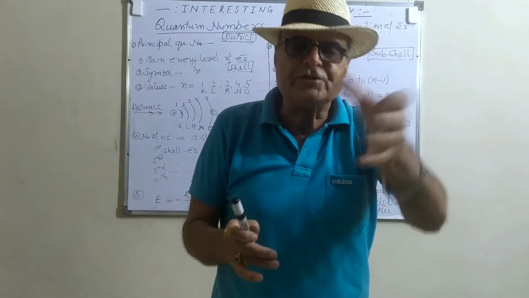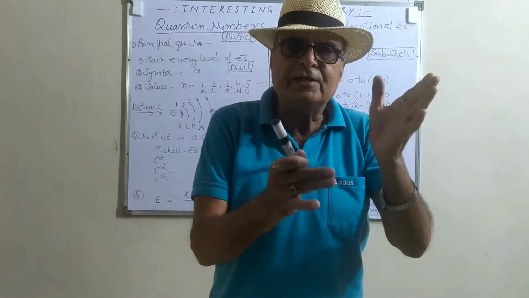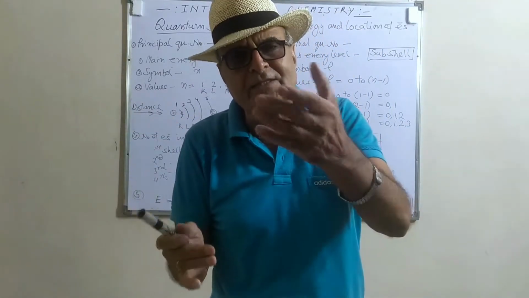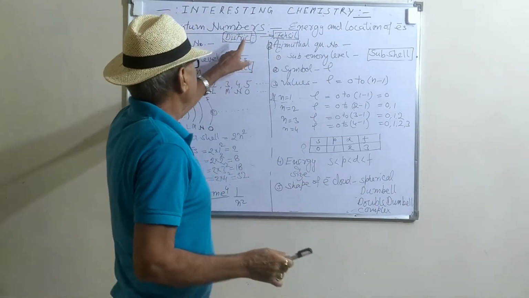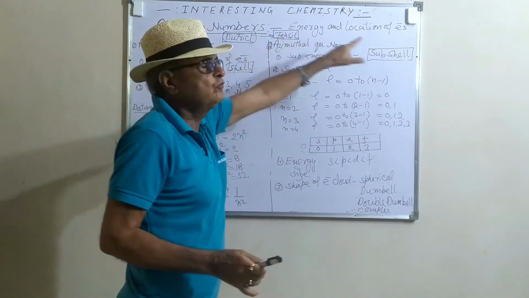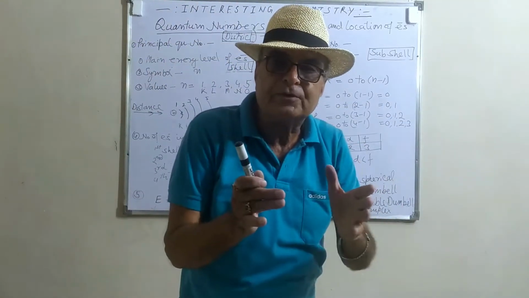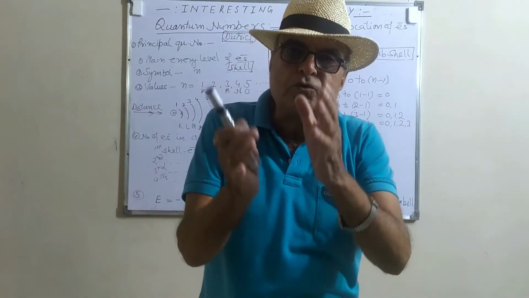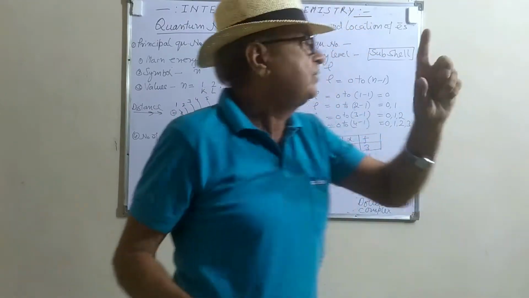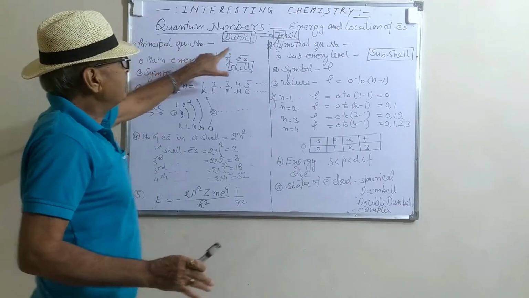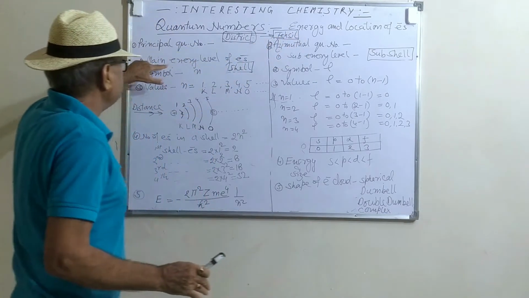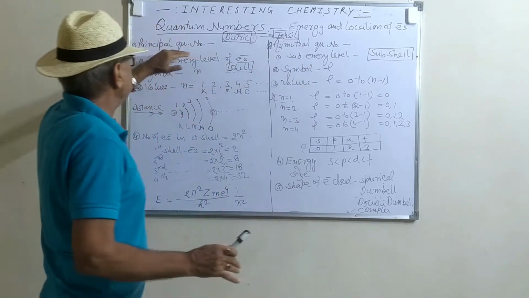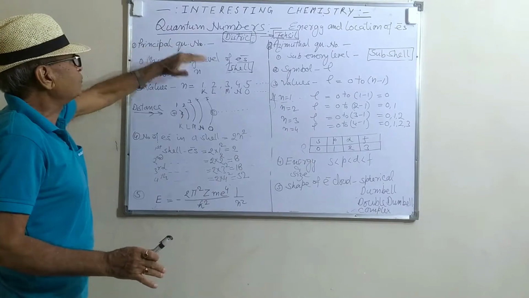Like the district, and the district has tehsils, and in the tehsil there is a village. So you can start with district, tehsil, and then village. In the same pattern, the quantum numbers tell us the main energy level, and the second one tells us the sub energy level. So first I am explaining the principal quantum number.